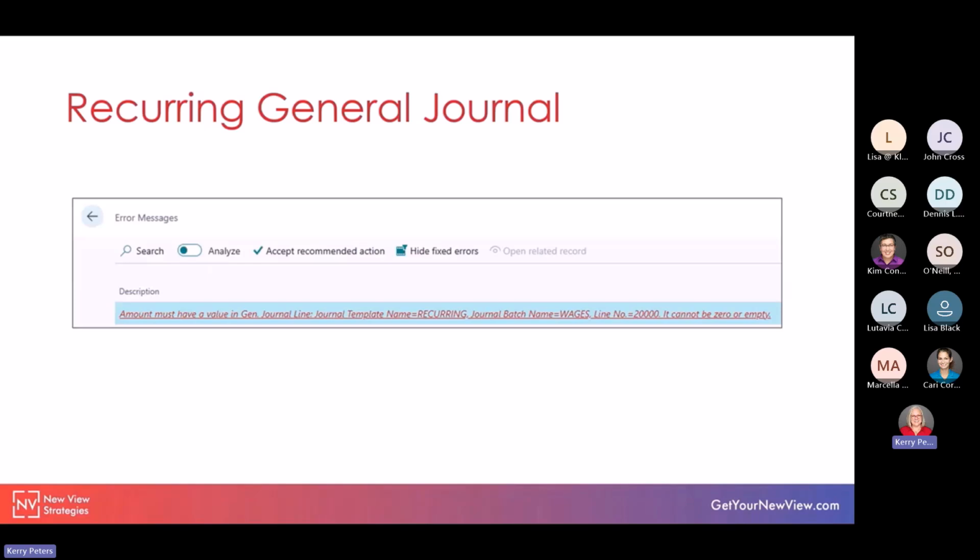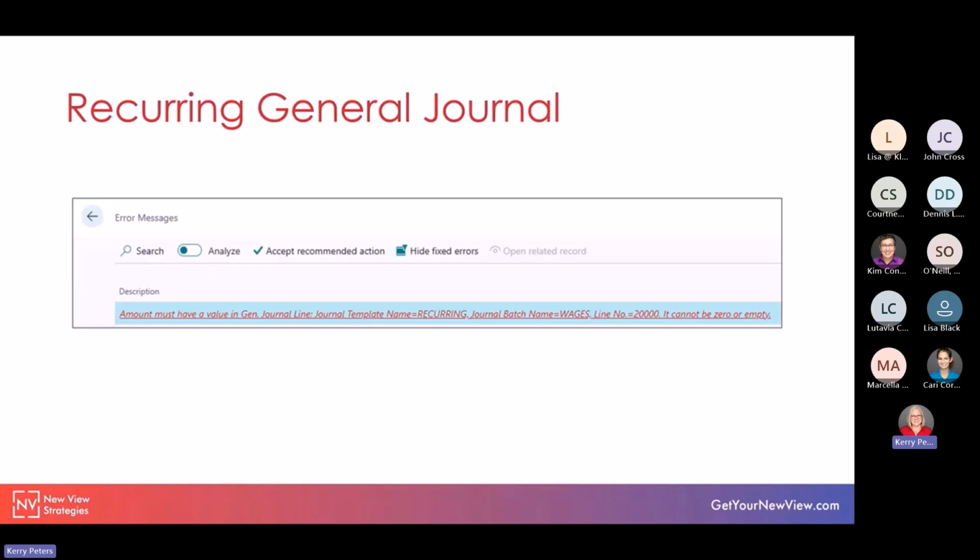So options previously might be to just delete that line and then add it back for the next time you might need to post that journal. Or you could filter that $0 line out of view, post the recurring journal, remove the filter, and then make sure that you checked and updated the date on that line that had been removed so that it matched all of the other lines.